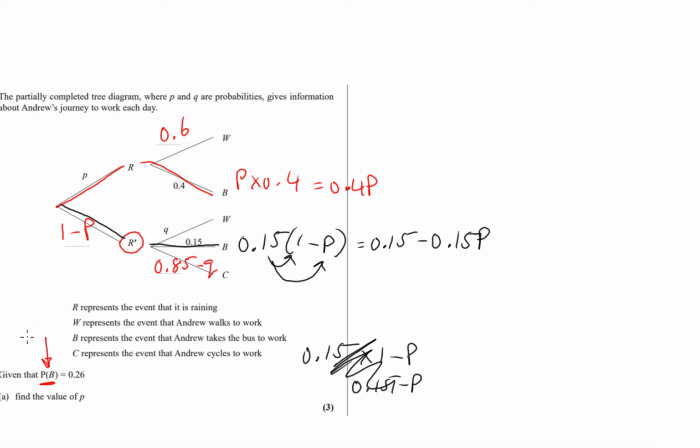Now we're nearly there. We could either go along here or go along here, and when we have the statement or, we need to add. So this quantity plus this quantity is equal to 0.26, because we've been told that the probability of B is 0.26, and there are two ways of getting to B. The red way is 0.4P, and the black way is 0.15 minus 0.15P.